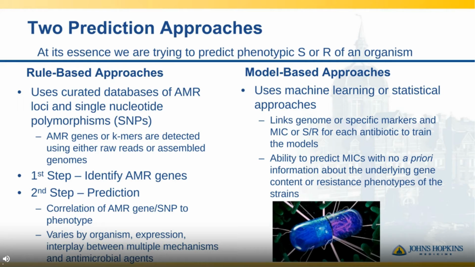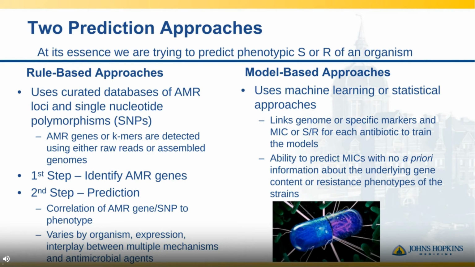At its essence, we're trying to predict susceptibility or resistance to an antimicrobial for a specific bug. The most common approach that has been applied is the rule-based approach, where you use curated databases of AMR loci or SNPs, and then you try to find AMR genes or k-mers from your data using those databases, using either raw reads or assembled genomes.